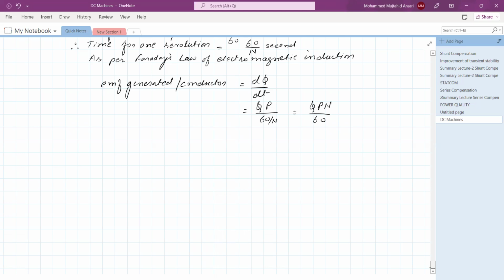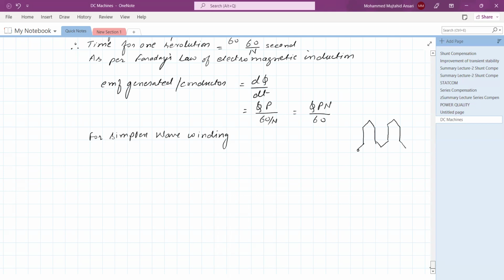Now, if you consider simplex wave winding, we have already discussed wave winding. This is one conductor, this is the second conductor, connected from the back. To produce a large amount of voltage, we have connected them like that.